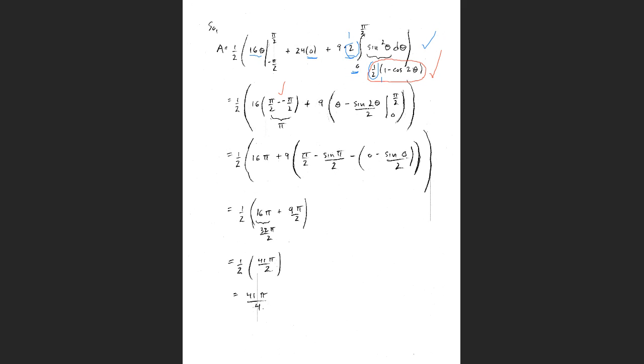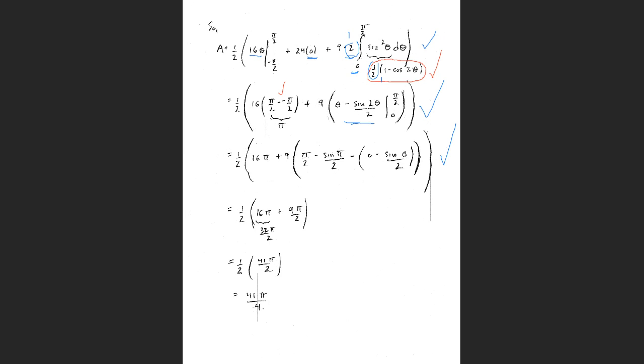So I'm going to be left with 9 times the integral of 1 minus cosine 2 theta. I'm sorry, the integral of 1 minus cosine 2 theta is theta minus the sine of 2 theta over 2. And so now I'm going to evaluate that antiderivative at pi over 2 and 0.